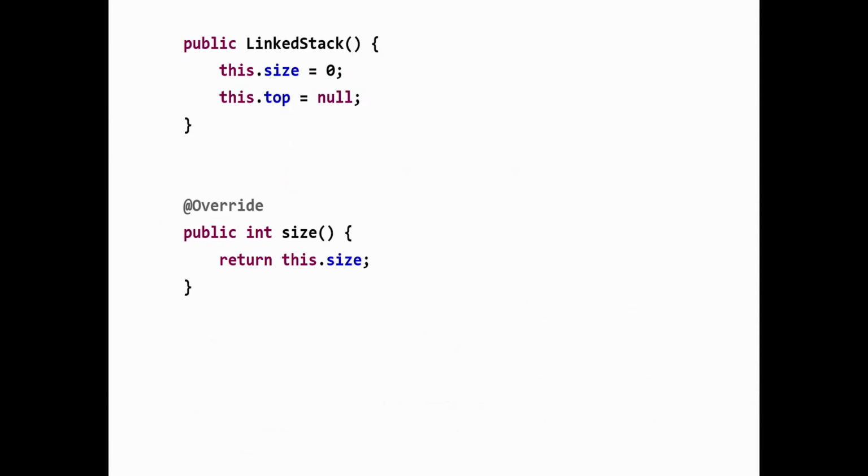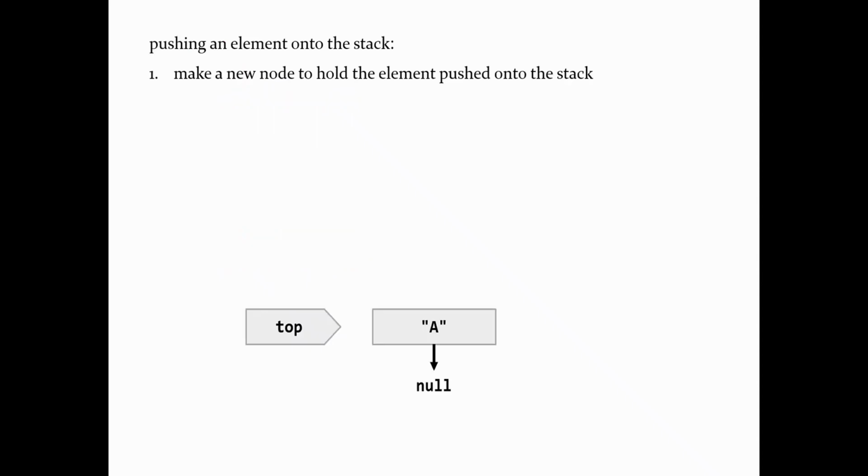Now remember, we have to implement push and pop. So how do I implement push? Go back to the slides from a few slides ago. If I'm going to push a new element onto the stack, I make a new node. There's my new node. You set the element in the node. Then you make its link point to the old top of the stack.